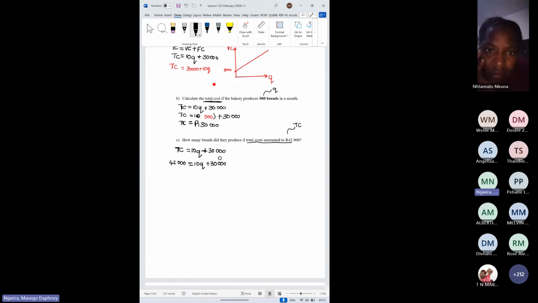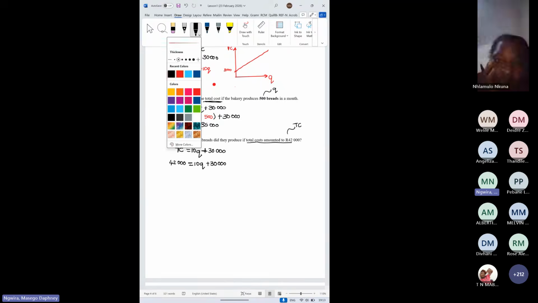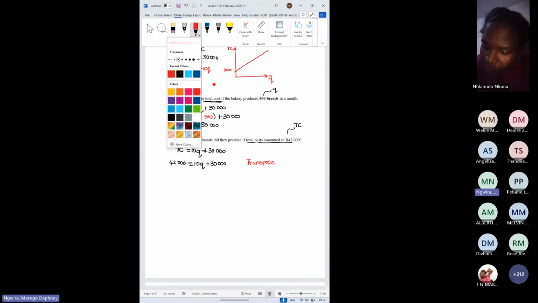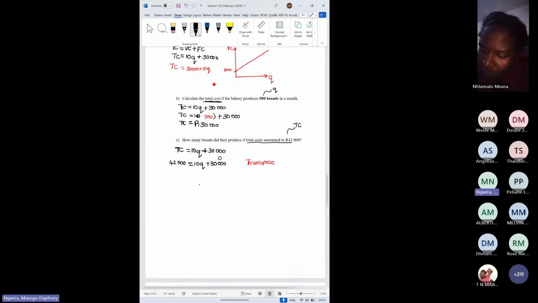We call it transposing. Others take 30,000 to the other side. It's up to you how you do it, but we're going to transpose. Just to make it easy, tell me if you don't understand. When I transpose, this will be 42,000 minus 30,000.